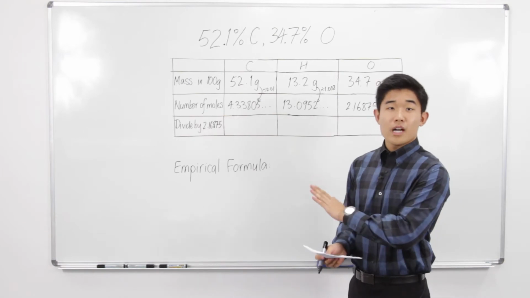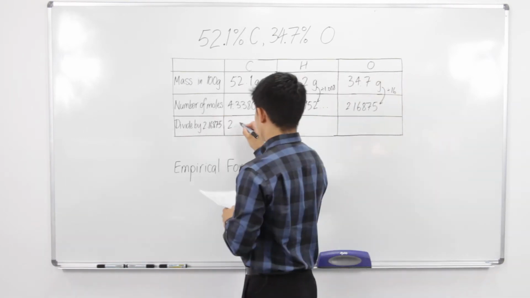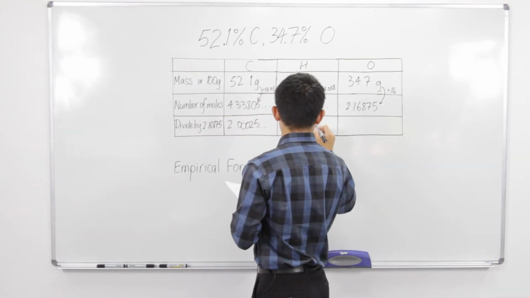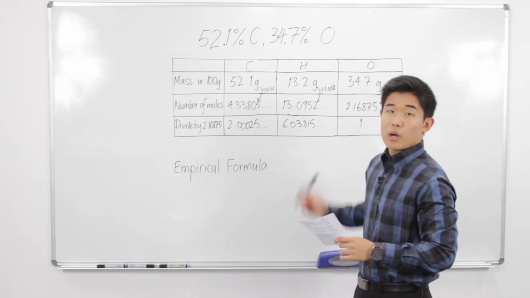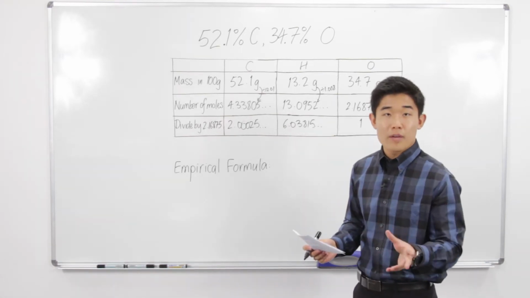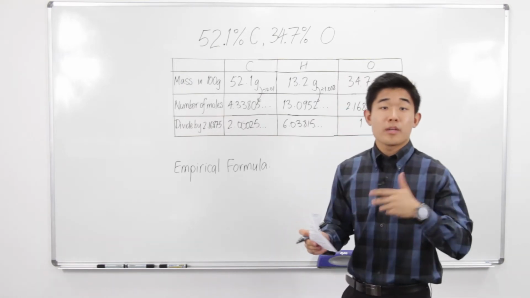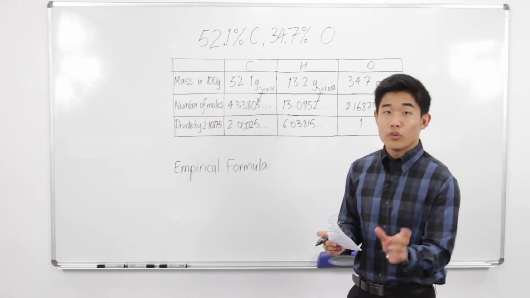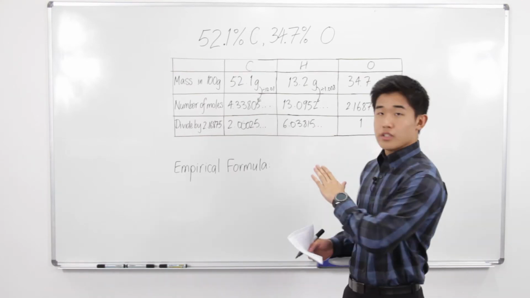So dividing by this number will get us the smallest integer ratios. Sometimes these numbers here won't be integers, but they'll be very close to, let's say, halfway between integers, or 1/3 of the way. So then after that, you can do some more manipulations to get them into the simplest whole number ratio. Fortunately for us, they are very close to integers.